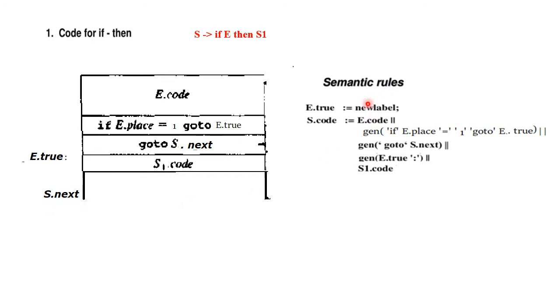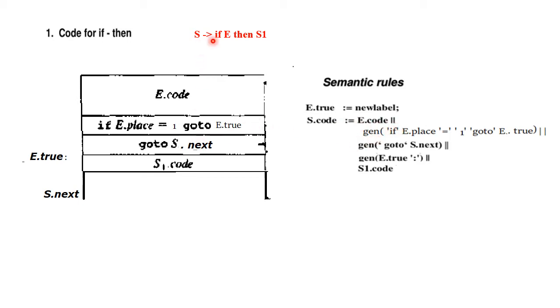Consider the semantic rules. Here we have to create a label E.true. E.true equal to new label. New label creates a new label E.true. S.code equal to, what are the codes we have to generate here? E.code, and this operator means appending. This S.code contains three address statements corresponding to E and three address statements corresponding to this if statement. S.code equal to E.code and append.